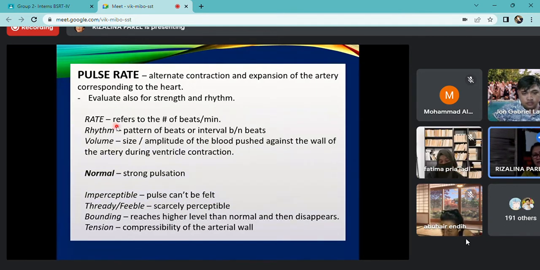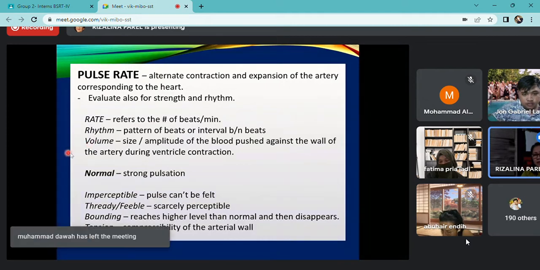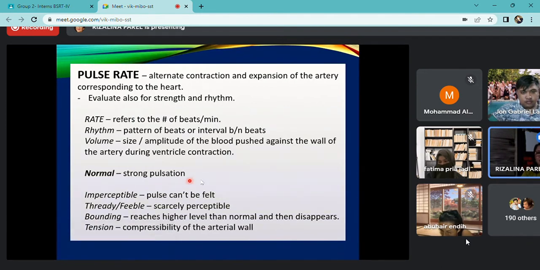For the rate, for the rhythm, for the volume, yan dapat yung ating na-monitor. And normal is a strong pulsation. Okay? So imperceptible, steady ba or feeble, bounding or tension. Just read on that.